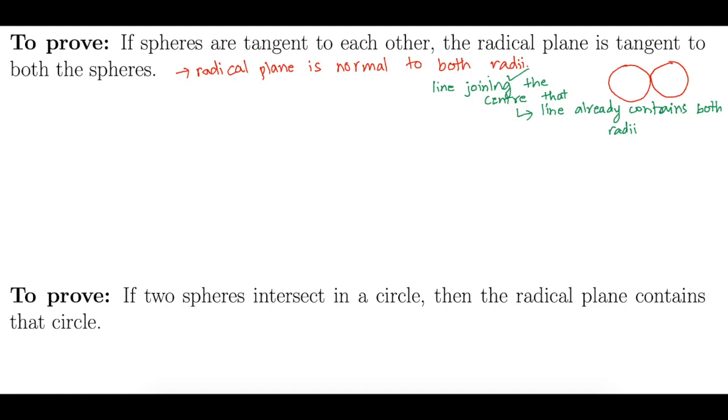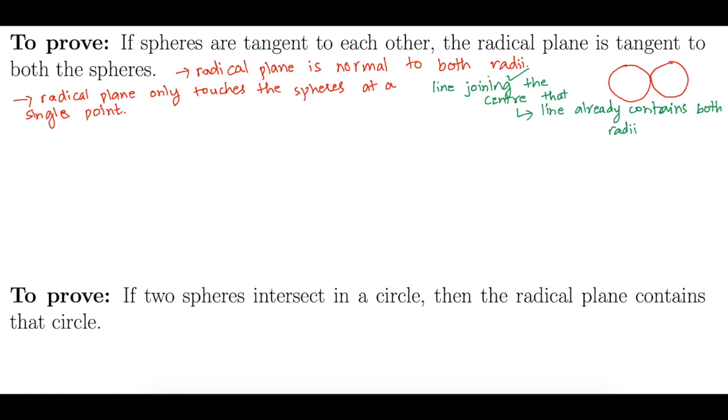So the other thing we have to prove is that the radical plane only touches the spheres at a single point.